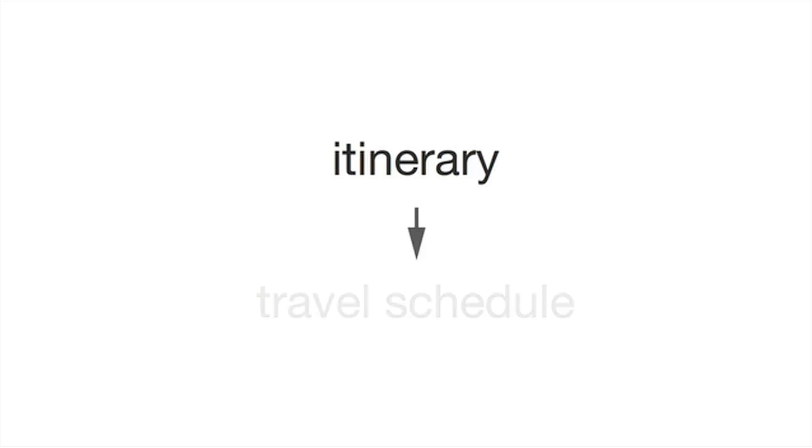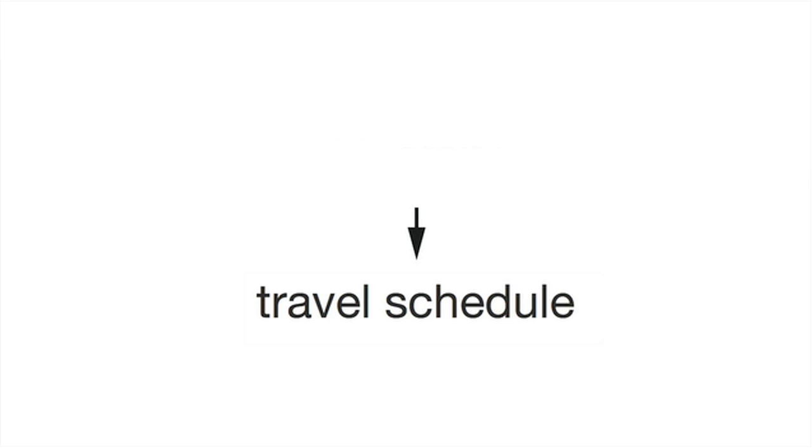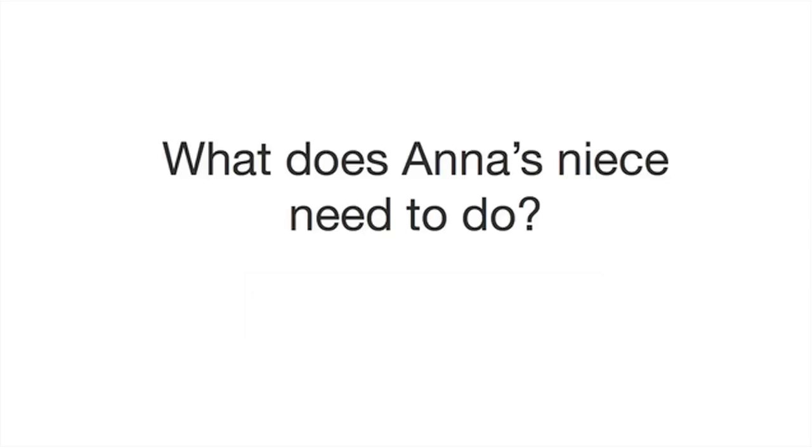It's my niece. She's at the airport. She's on her way to Japan. She said the travel agent gave her the wrong itinerary. The itinerary is the problem. Anna's niece has been given the wrong itinerary. An itinerary is a travel schedule. It's a bit like a timetable for your holiday. So what does Anna's niece need to do?